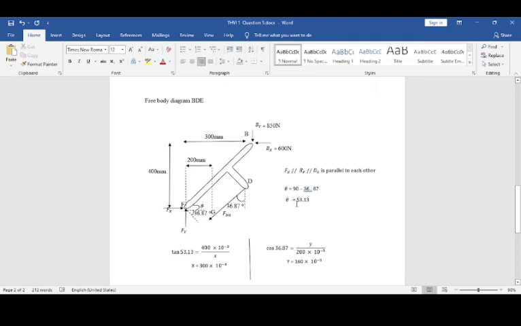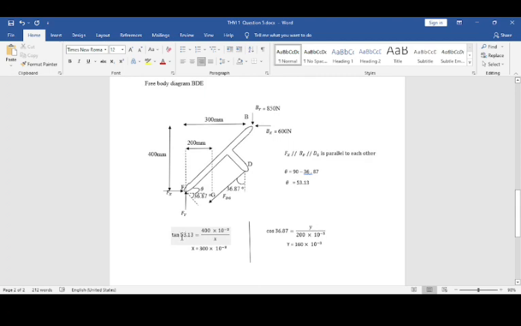So the theta is 53.13. Tangent 53.13 is equal to 400 times 10 power negative 3 over x. So the x is 300 times 10 power negative 3.